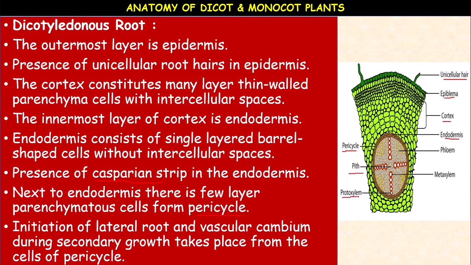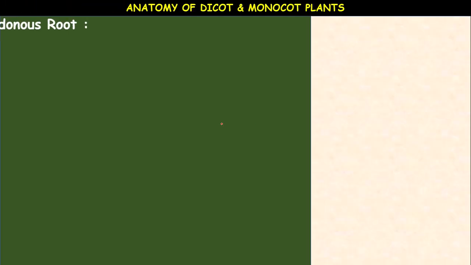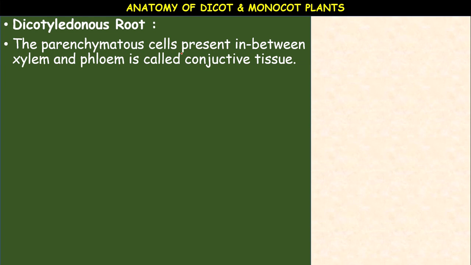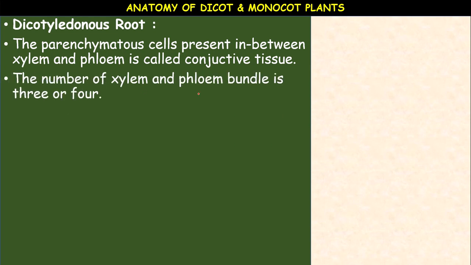This is protoxylem towards the periphery, and metaxylem towards the center. Protoxylem means first formed xylem, metaxylem means the matured xylem. And the phloem tissue, see, this is scattered. The barrel shaped cells you can see in the endodermis. Next, the parenchymatous cells present in between the xylem and phloem are called conjunctive tissue.